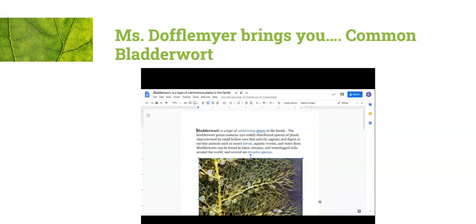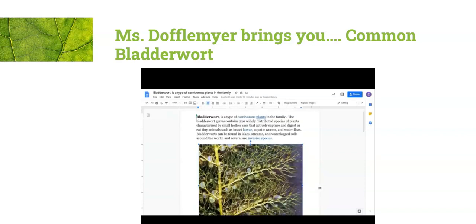The bladderwort genus contains 220 widely distributed species of plants characterized by small hollow sacs that actively capture and digest, or eat, tiny animals such as insect larvae, aquatic worms, and water fleas. Bladderworts can be found in lakes, streams, and waterlogged soils around the world, and several are invasive species.